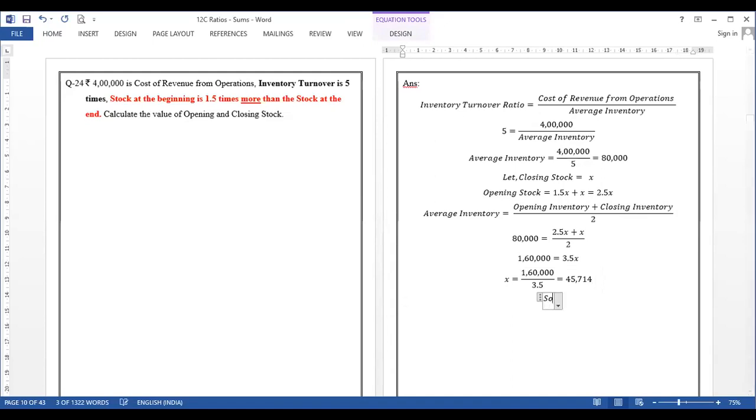So closing stock is 45,714. To calculate opening stock, 2.5 into 45,714. So this will be 114,285 or 286. Okay, sir.